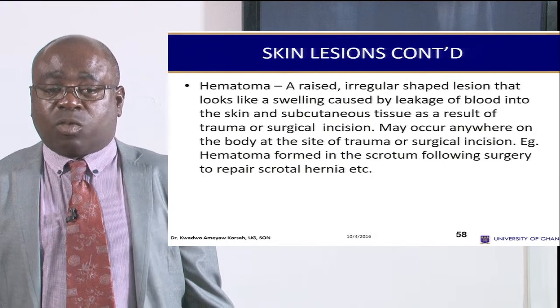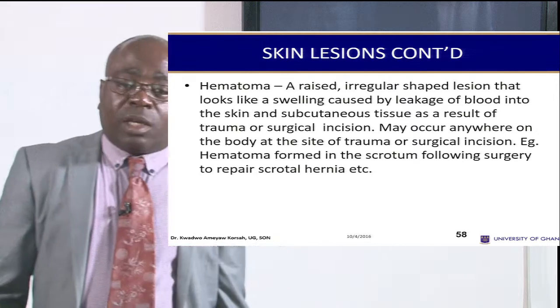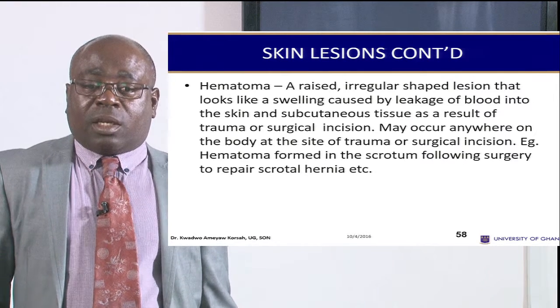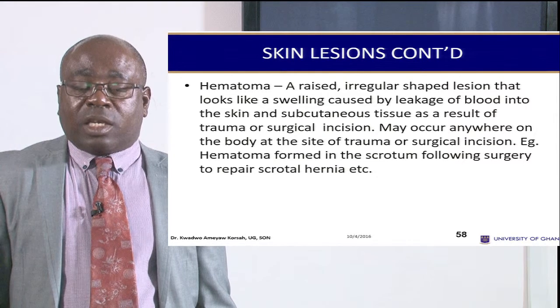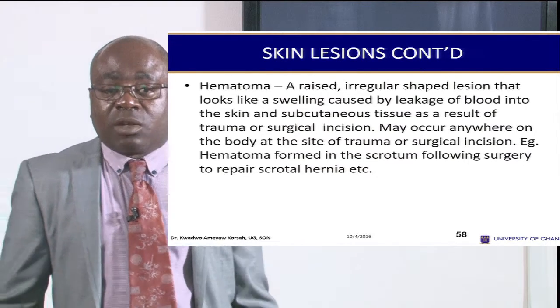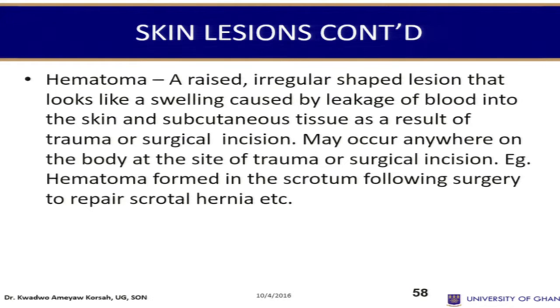When somebody has a blow on the face or any part of the body, blood can collect and form a hematoma. At the initial stage, one of the interventions we can use to treat a hematoma when it is formed, especially after surgery, is to apply cold compresses, for instance if it's in the scrotum or any other part where we suspect a hematoma is forming.